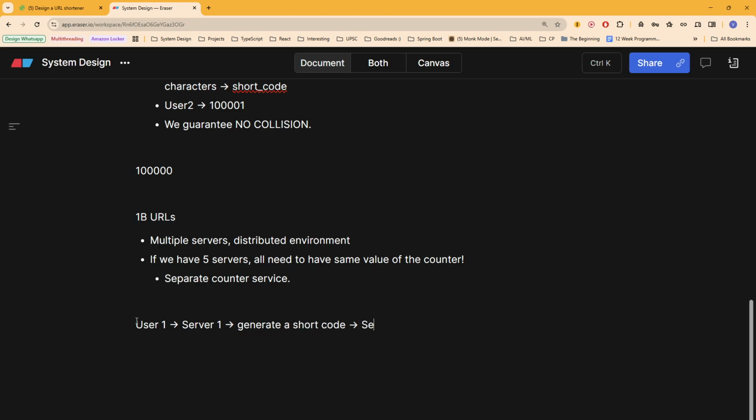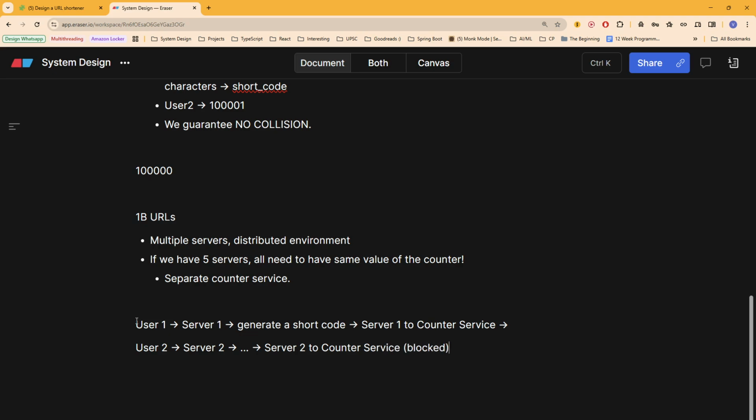Server 1 goes to the counter service, and the counter service gets busy. At the same point, user 2 goes to server 2, the same stuff happens, server 2 goes to the counter service, but now it is blocked.